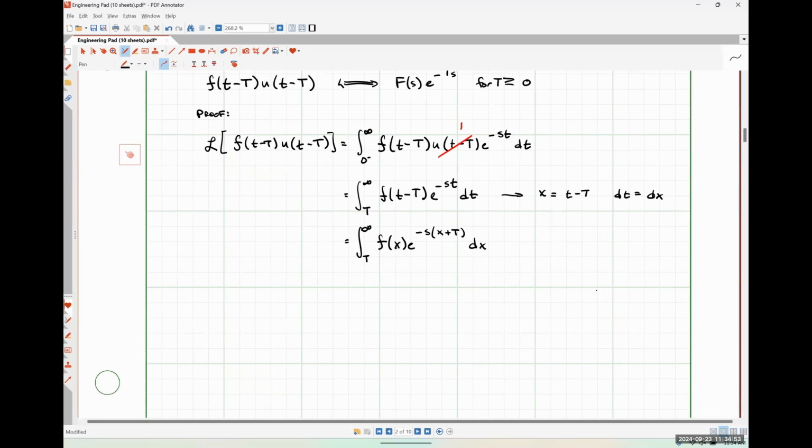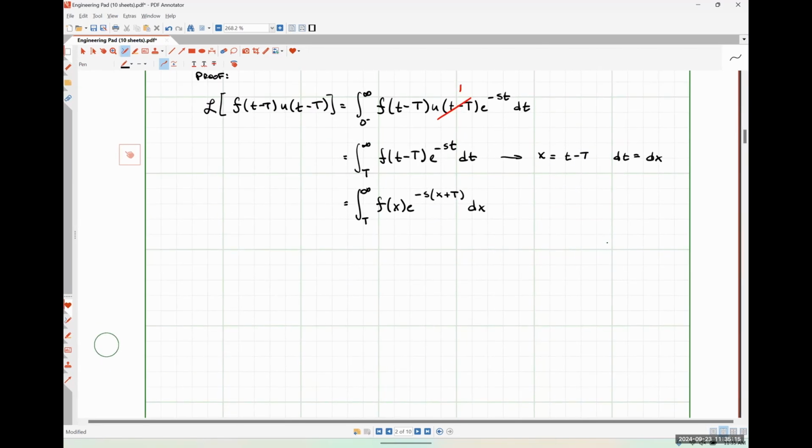And I can break that exponential function up into an e to the negative sx times an e to the negative s times capital T. That e to the negative s times capital T is a constant with respect to variable x, which means I can pull it outside.